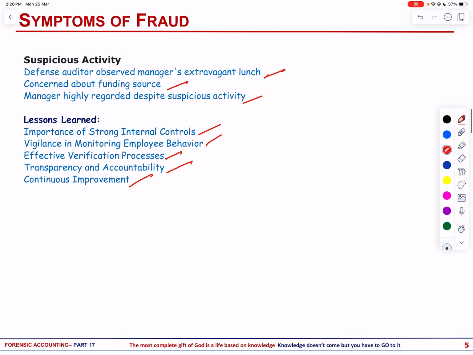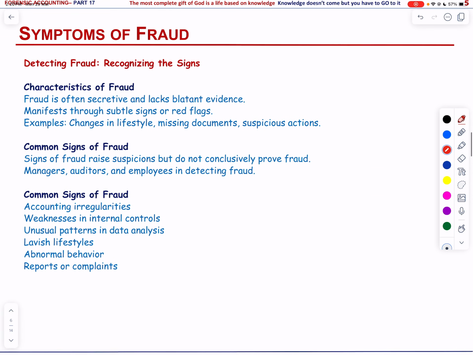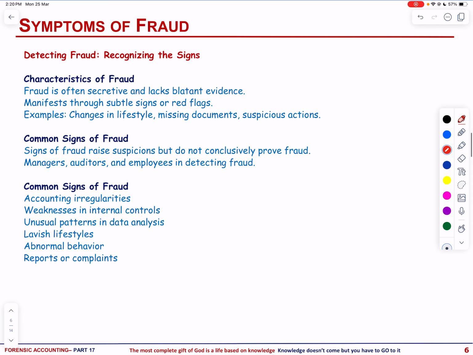Let us see how fraud often goes undetected and how subtle signs can indicate fraudulent activities. Now, fraud is a secretive crime. It often eludes detection as it lacks blatant evidence like a murder or bank robbery.